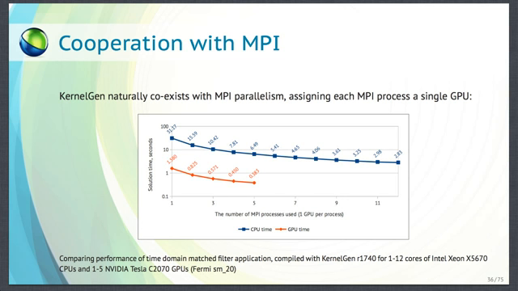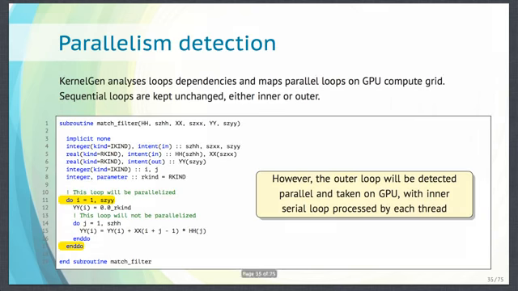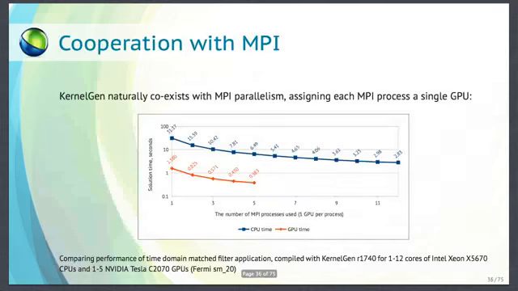So this chart is from MPI version of this program with matched filtering distributed against multiple MPI nodes. And what happens here is the blue line is scaling for up to 12 CPU cores, and MPI node corresponds to CPU core. And here, MPI node corresponds to one GPU.